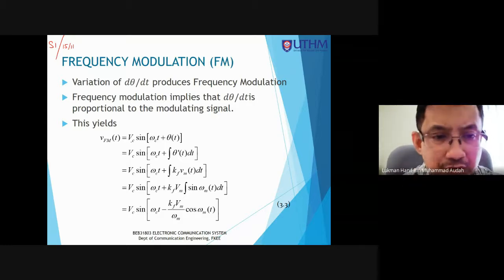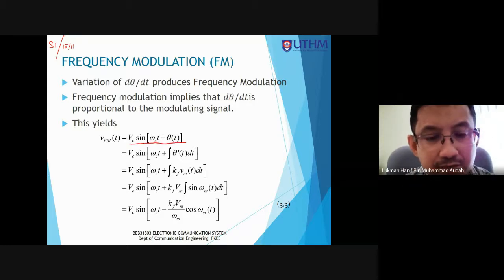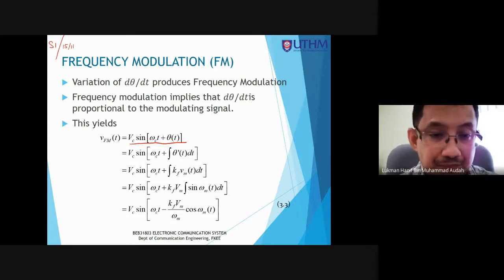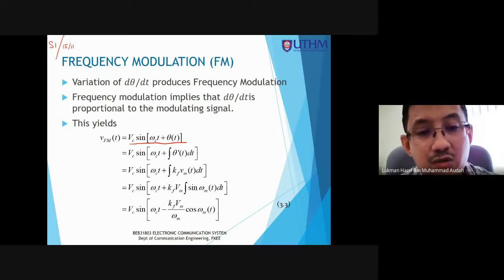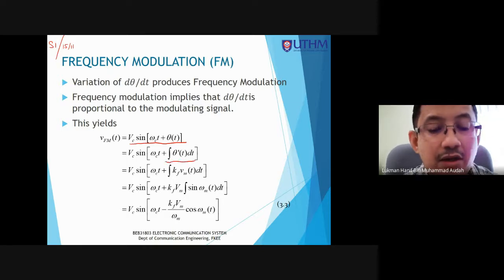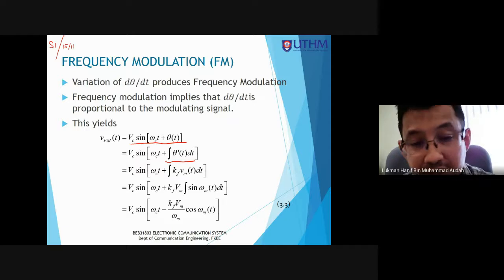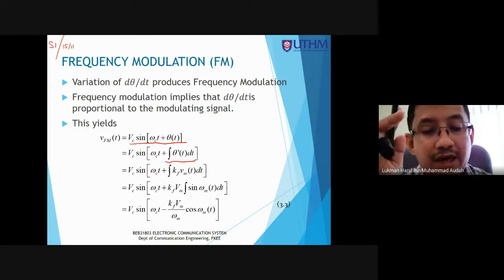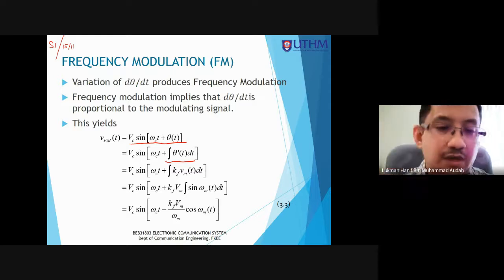Okay, so from the general equation like this, we need to change the theta t. Okay, so theta t we can use the integral of theta prime t. Okay, kita perlu gantikan theta t dengan integral of theta prime t. What is theta prime t? Theta prime t is equal to Kf Vmt. Okay, theta prime t bersamaan dengan Kf Vmt.